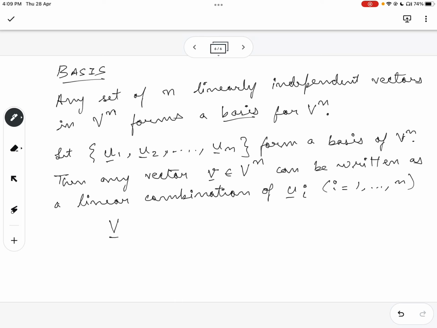How we write it is like this: alpha 1 u1 plus alpha 2 u2 till alpha n un.